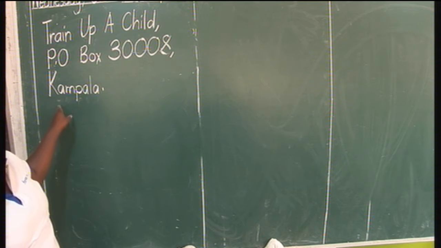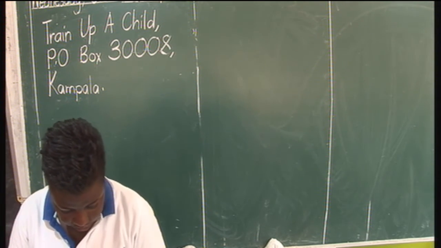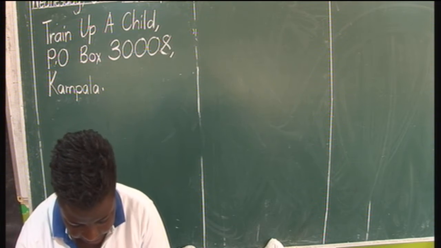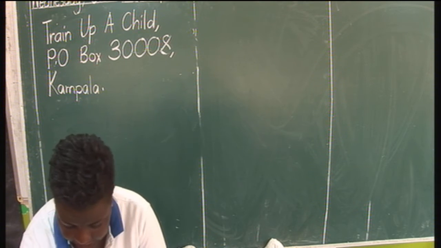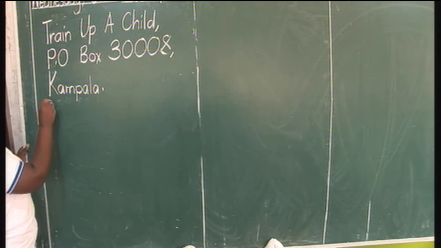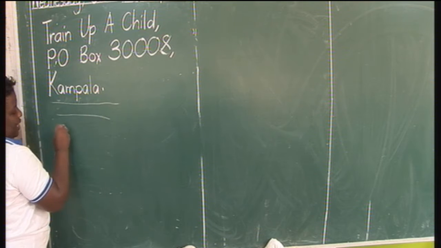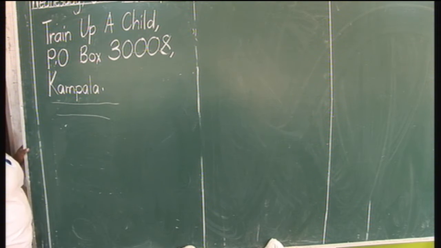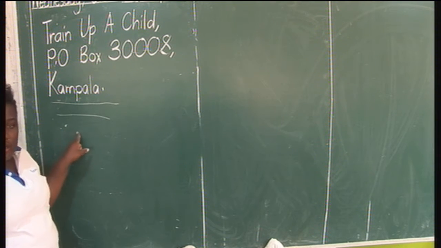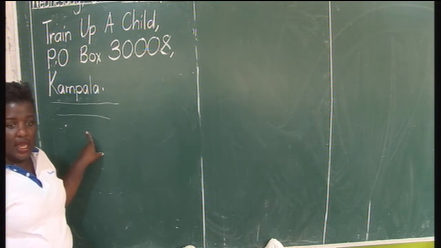After writing this, the next thing we write when writing a letter is the date. I'm not teaching about that now, but the next thing we write is the date. We skip a line, we write the date. After writing the date, there is what we call a salutation. Okay? So we also use a comma when writing a salutation.